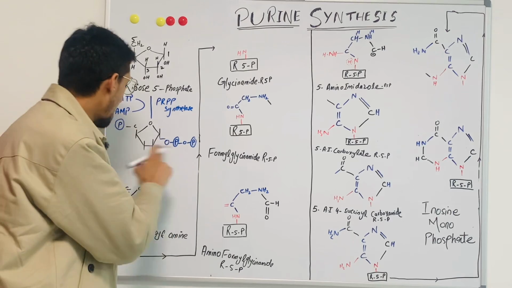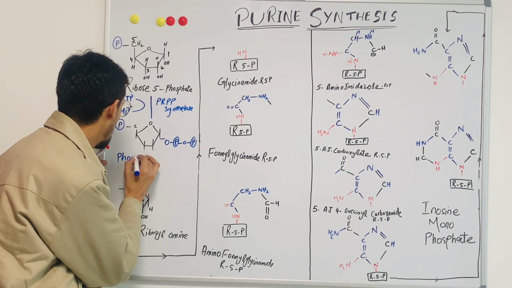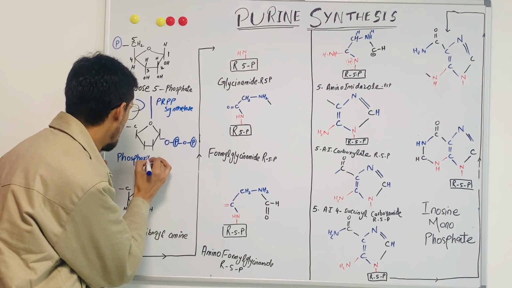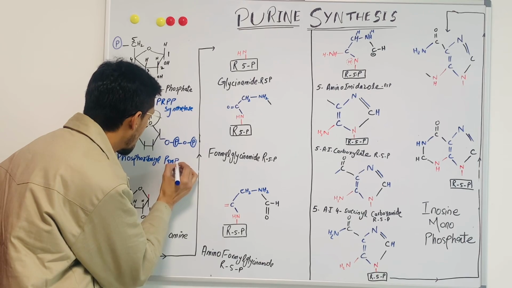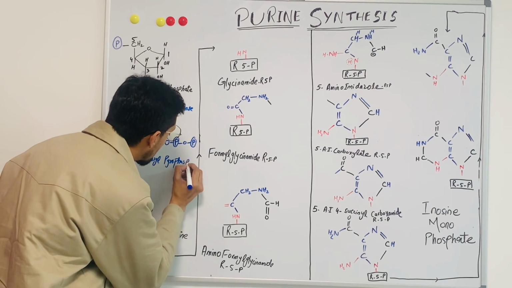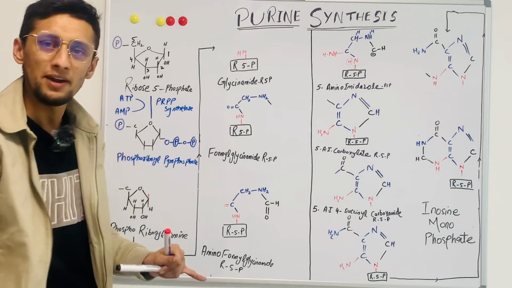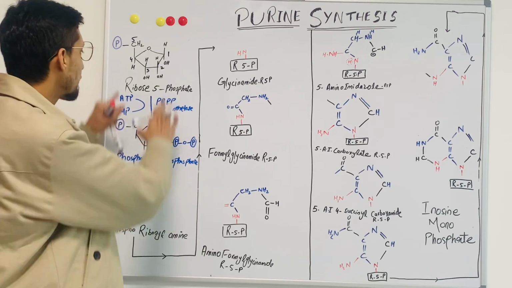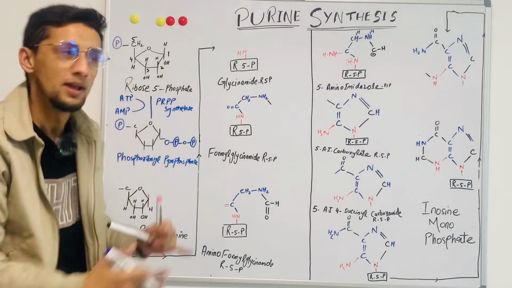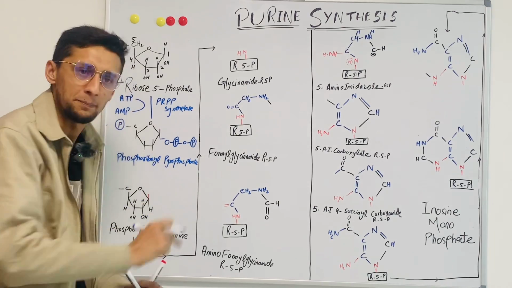So now this compound is known as phosphoribosyl pyrophosphate, PRPP, right? This is the rate determining step. This is the first step, where we get PRPP from the ribose 5-phosphate. How? This compound reacts with ATP and makes PRPP.